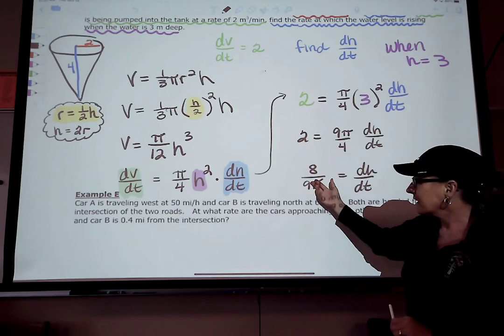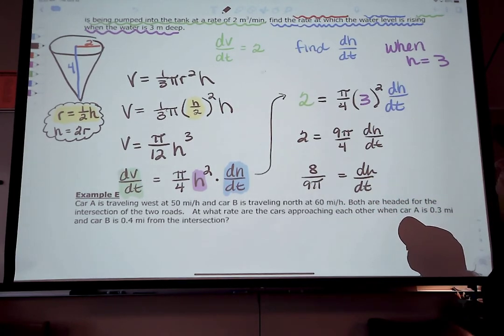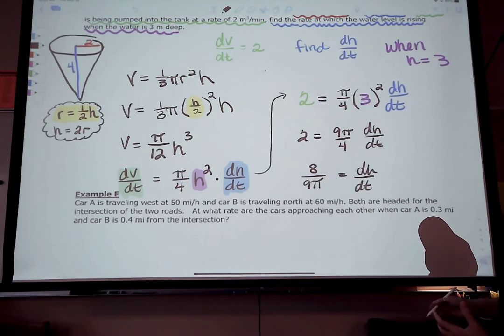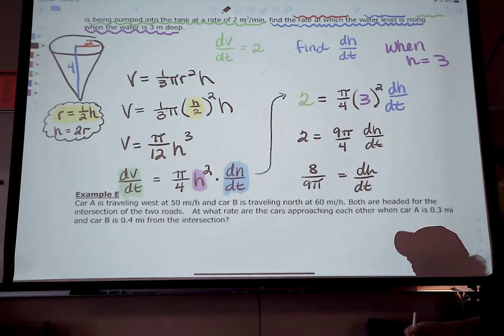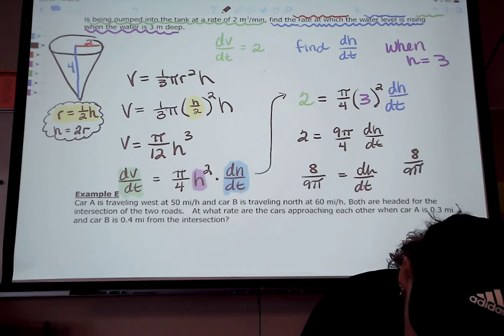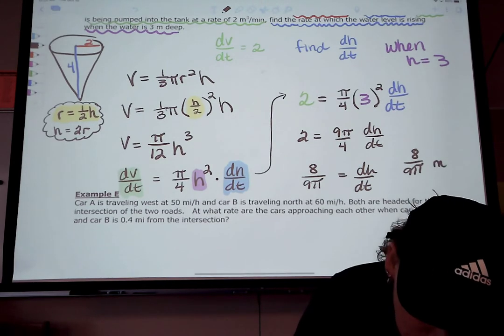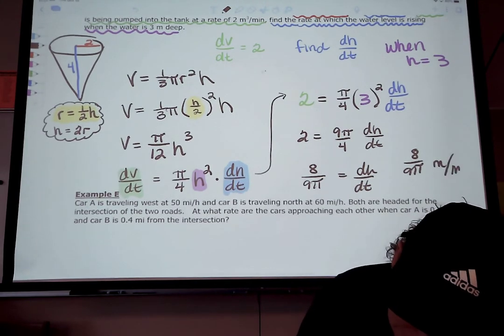If I had a calculator, I could figure the decimal version, but there's no need. I mean, it worked out so nicely. Find the rate at which the water level is rising. So if I put units on that, I would have 8 over 9 pi height. Height, that's linear, so it's going to be meters per minute.